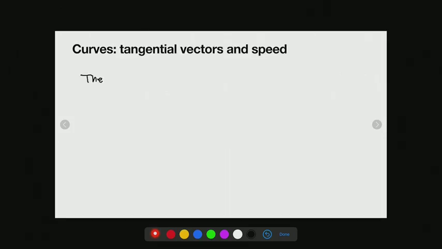The tangent vector of a curve gamma is the following. Well, the curve needs to be differentiable. Let's say of a differentiable curve. All our curves will be differentiable. It's defined as follows.